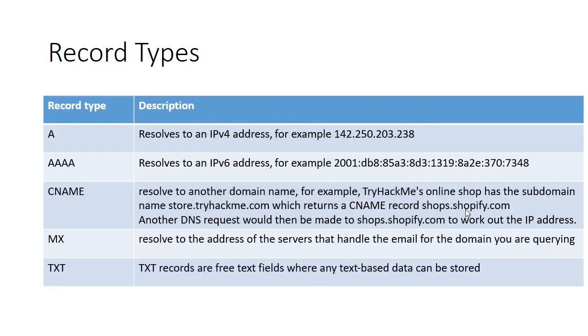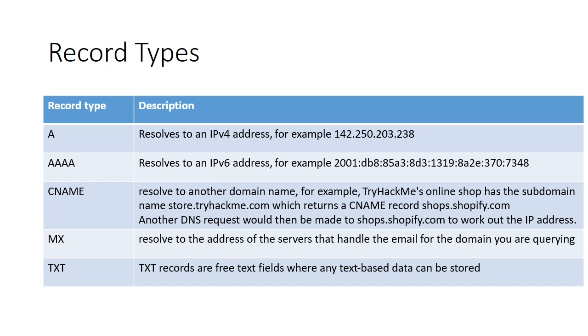Then there is an MX record. MX records are mail exchanger. These resolve to the address of the servers that handle the email for the domain you are querying. And we also have TXT records, and those are just free text fields where any text-based data can be stored.